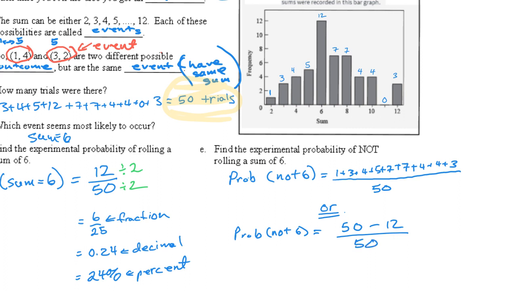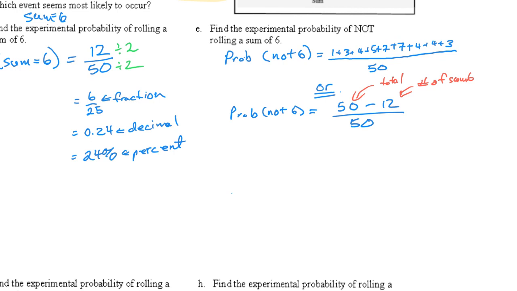So how did I get that answer? I literally just say, okay, we had our total minus the number of sums of 6, and subtract them. And then we simplify. 50 minus 12 is 38, divided by 50.